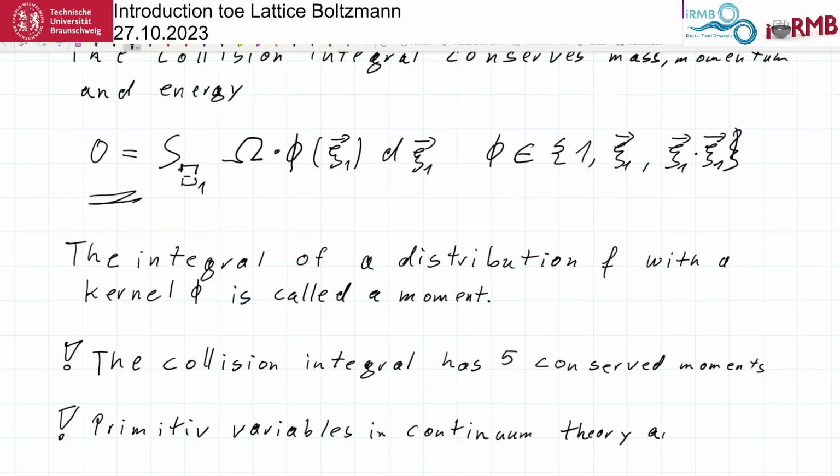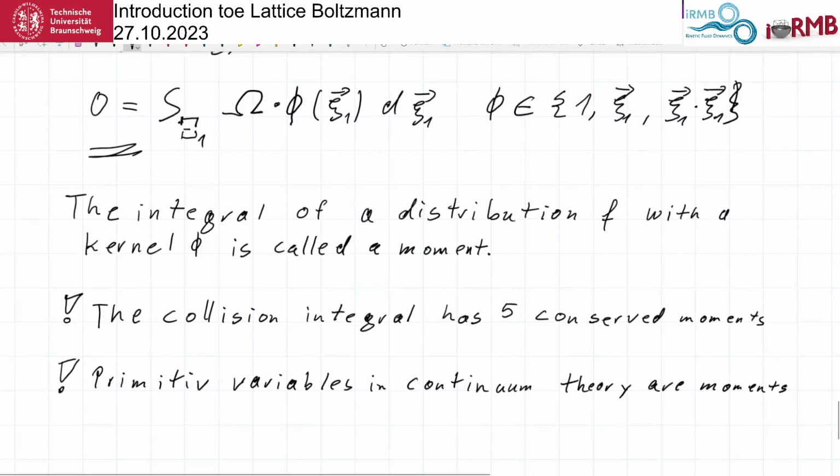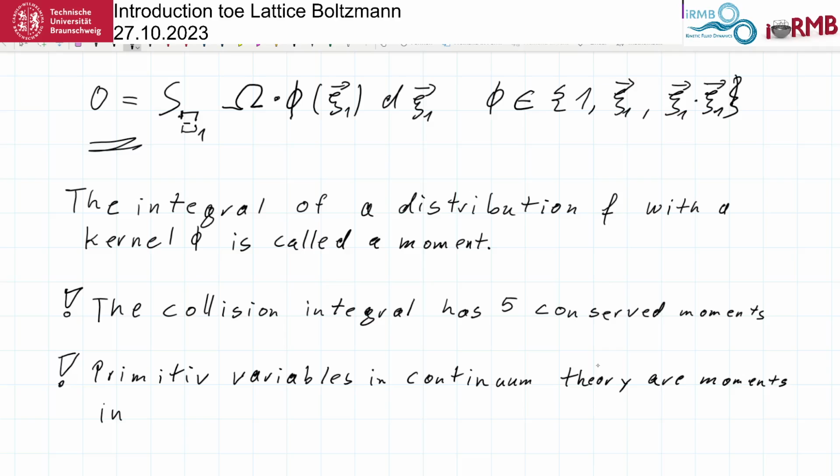So the moments, this is why they are so important for us, because the moment we take statistical moments in kinetic theory, we see that the moments obey the partial differential equations that we already knew before we invented kinetic theory.